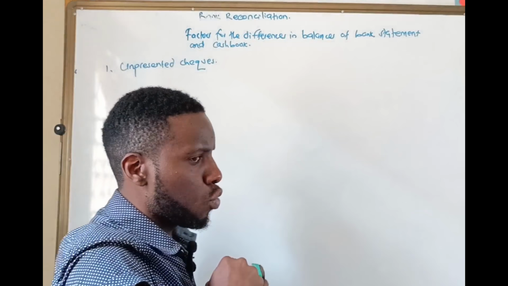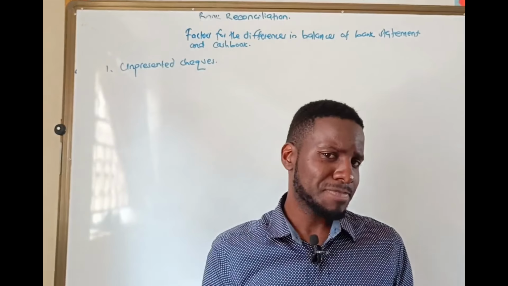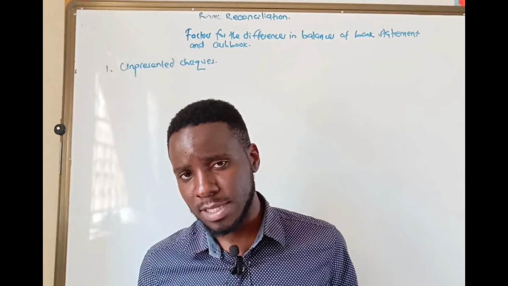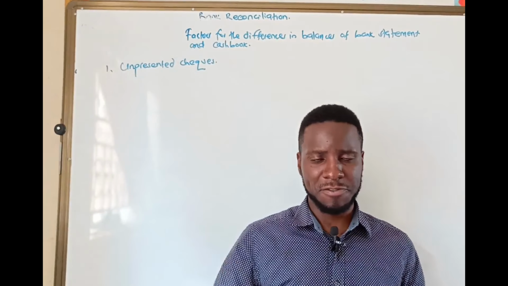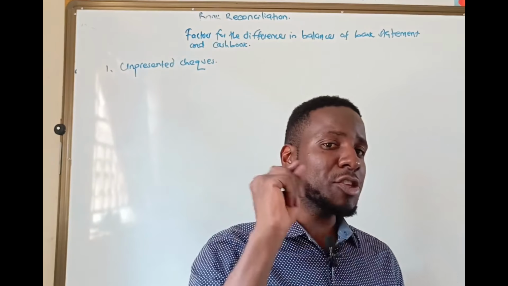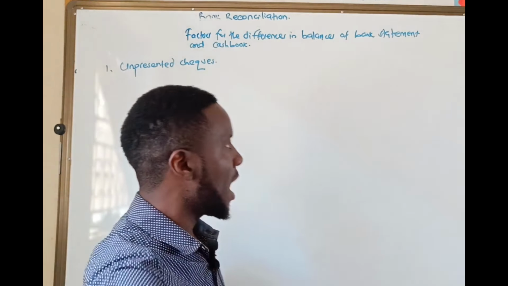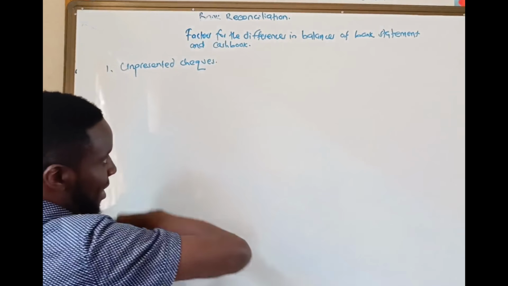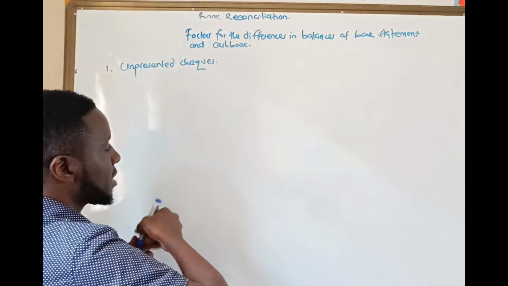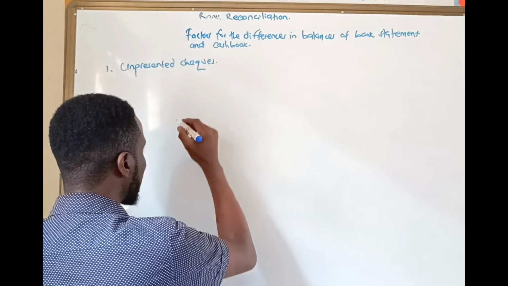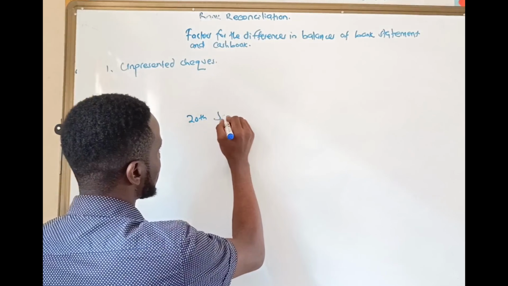Now, we are in business, and an individual comes and we write a check for them. Remember, when you write a check to that individual to go and pick money from the bank, let me say you have written this check on the 20th of January.